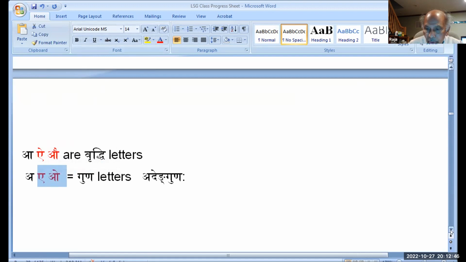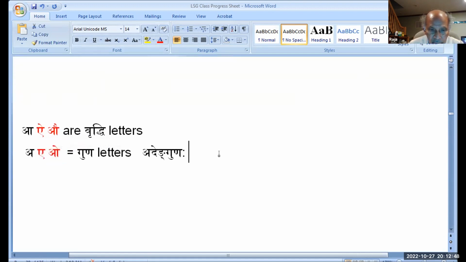So we also came up with another rule: when you take E or E and add to that any vowel, it could be any vowel except this one, because if you add this Savarna, you get a Savarna Dirgha Sandhi.